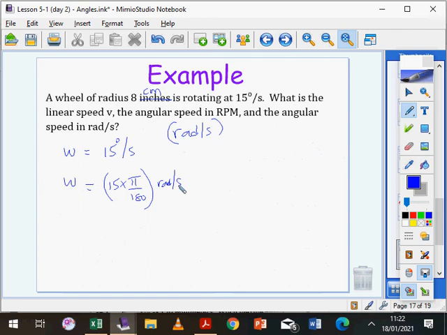So 15 times pi divided by 180 gives you a fraction of 15 divided by 180, which is 1 out of 12. My answer is pi out of 12 radians.